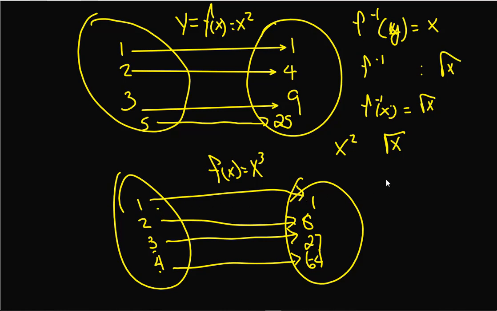So what is that function? I think you probably recognize that that is the cube root of x. So if we start out with x cubed, the inverse is the cube root. And this makes sense, right?